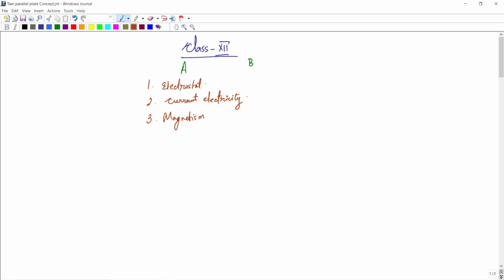In magnetism, there are some applications of magnetism. Ampere's law and Biot-Savart's law are in the magnetism portion. Fourth is EM theory, electromagnetic theory, which is very important. So there are four parts in part A.